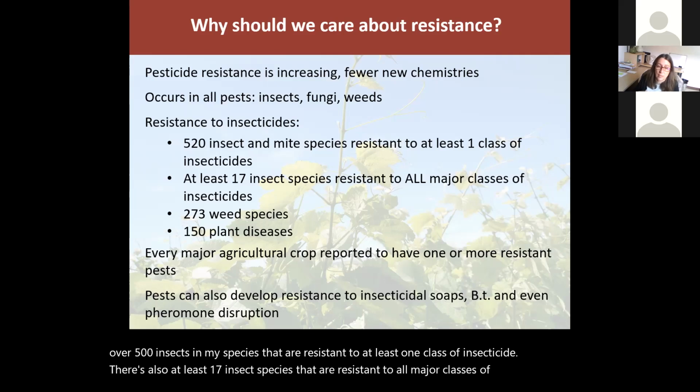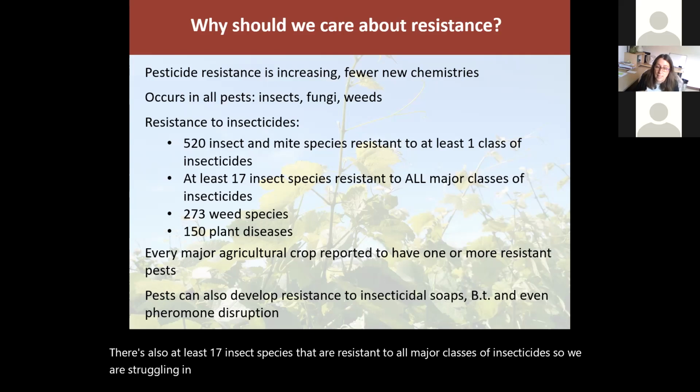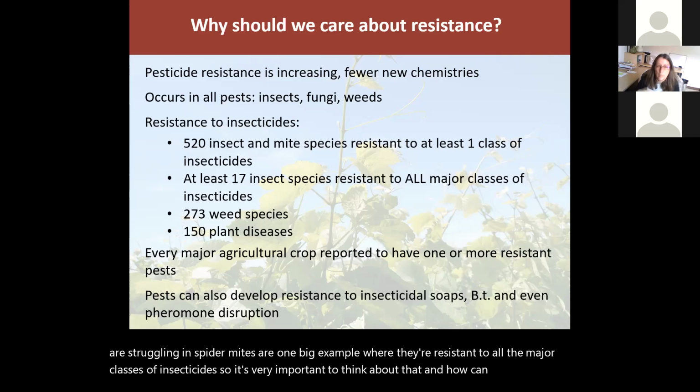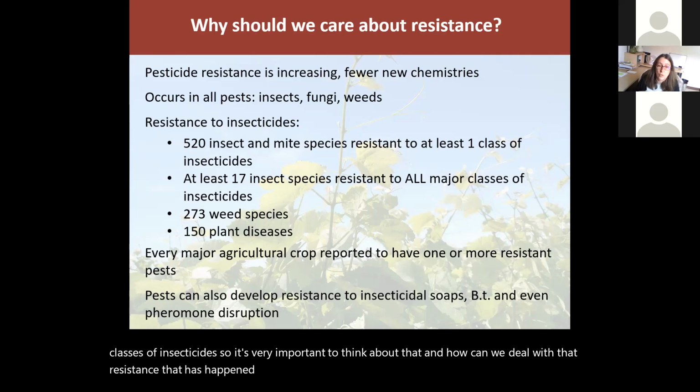So we are struggling, and spider mites are one big example, where they're resistant to all the major classes of insecticides. So it's very important to think about how we can deal with that resistance that has happened already. There are over 270 weed species that have shown resistance and over 150 plant diseases that have shown resistance.